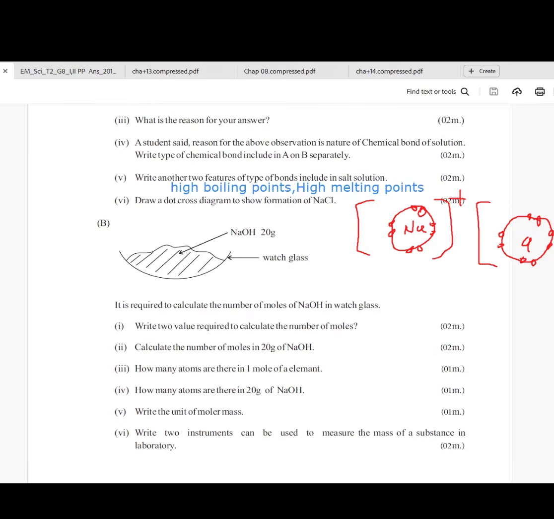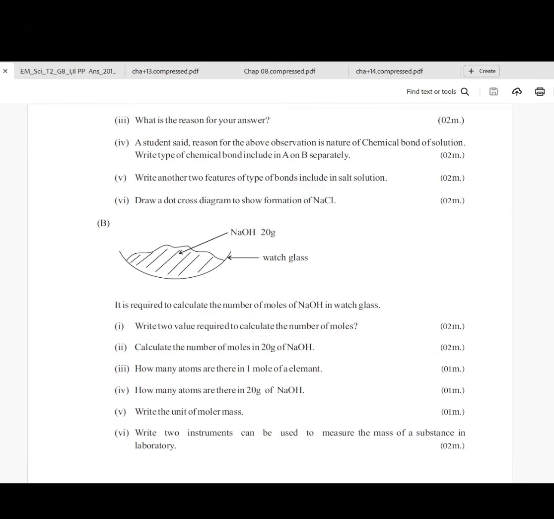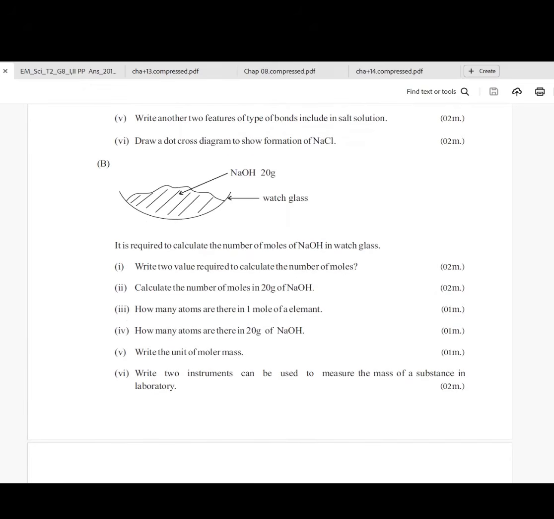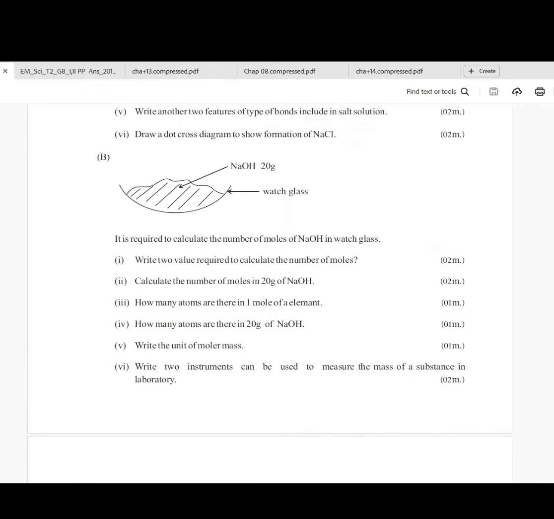B part. It is required to calculate the number of moles of NaOH in the watch glass. Write two values required to calculate the number of moles. We want the mass of NaOH and also the molar mass of NaOH.